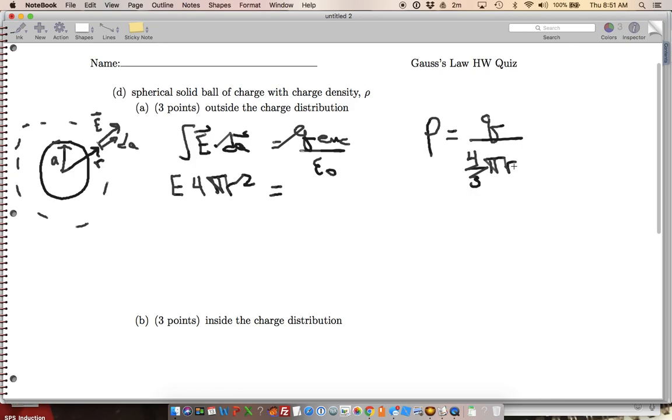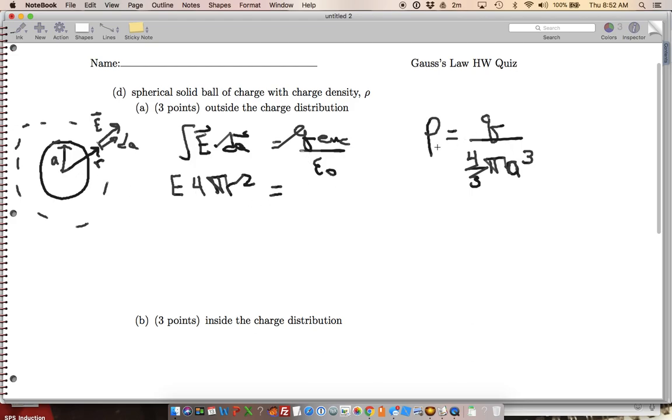So not r cubed, 4/3 pi a cubed, because my charge only goes out to a. If I were inside, I would use little r, but since I'm outside, I don't have any more charge, so I don't have charge out to r. So I'm going to plug this in.